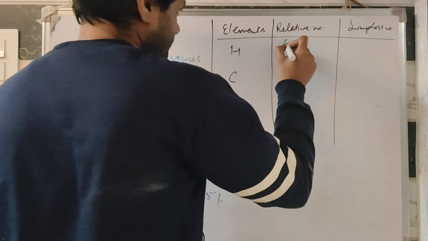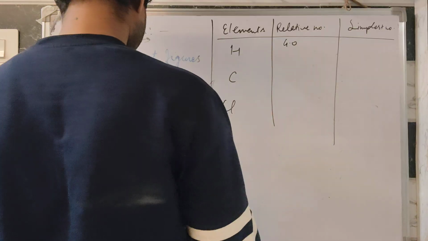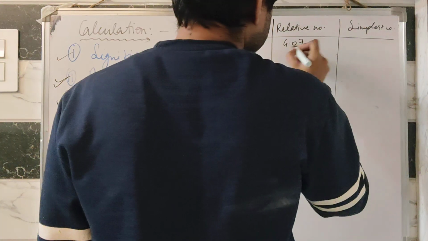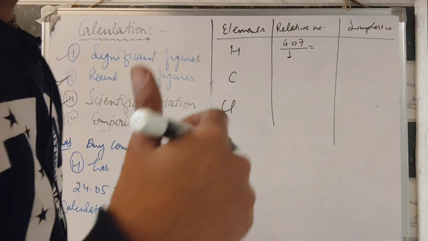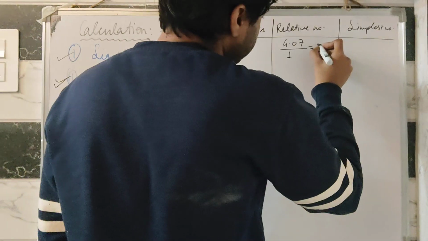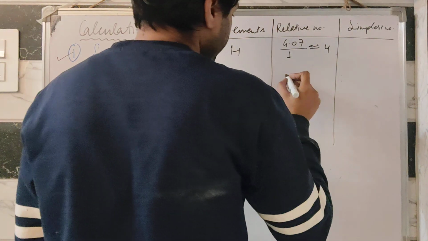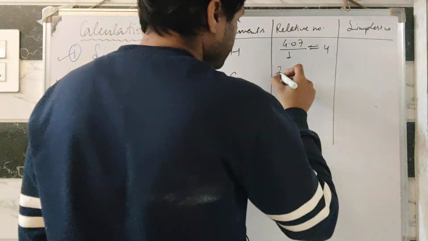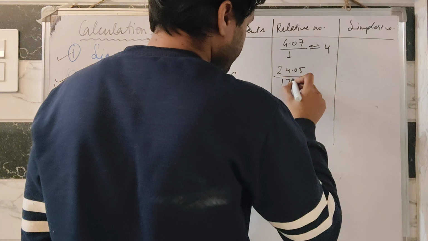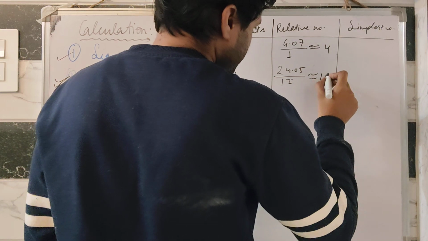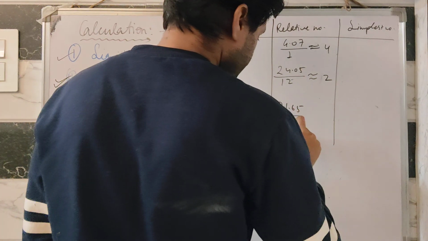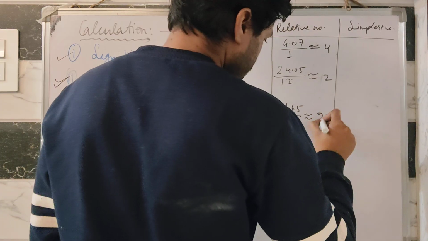Hydrogen percentage is given as 4.07. We divide each percent abundance by the atomic mass to get the relative number, so we get near about 4. Carbon has 24.05 divided by 12, which is nearby 2, and chlorine is 71.65 divided by 35.5, which is also 2.